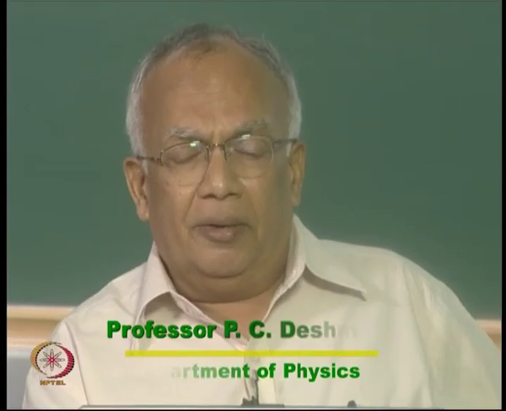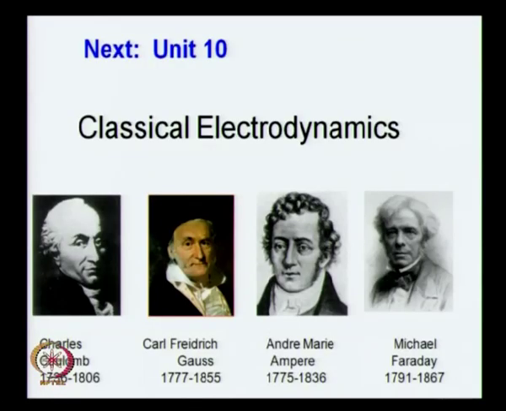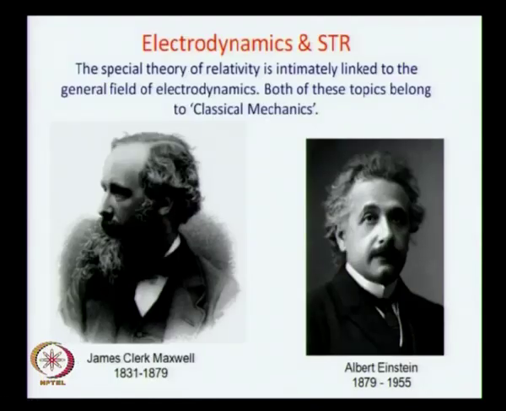Classical mechanics distinguishes itself from quantum mechanics, but in the entire domain of classical mechanics, when you apply it to electromagnetic phenomena as well, you must invoke the special theory of relativity, because the special theory of relativity is intimately connected with classical electrodynamics. So, this will be the subject of our discussion in the next unit, but at this point I guess we could take a little break. The next unit will deal with electrodynamics and the special theory of relativity.